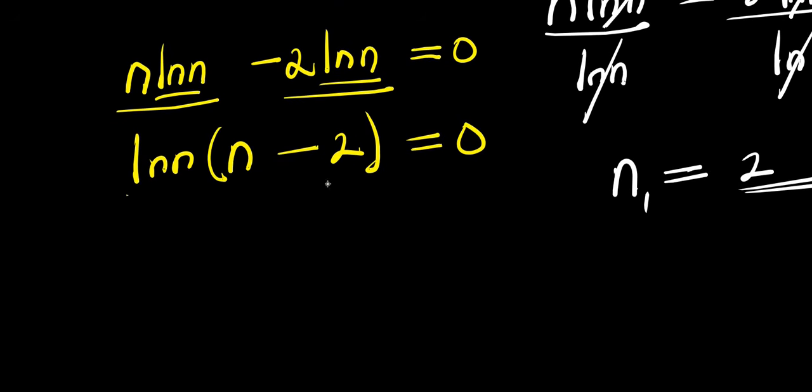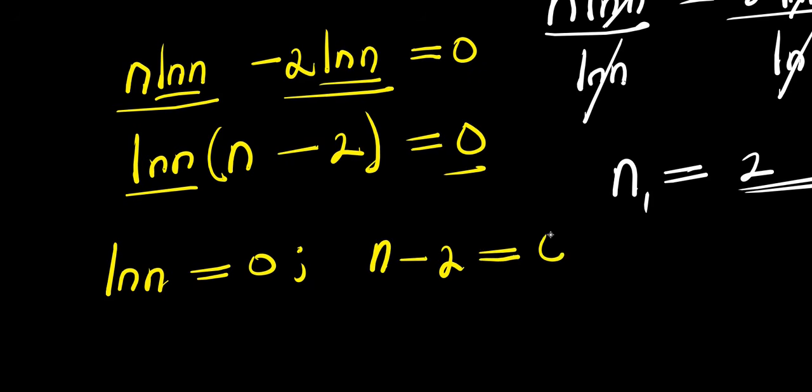So we can equate each of these to 0. I have natural log of n equals 0. I also have n minus 2 equals 0. So solving for n, I can eliminate natural log by making use of e. I have e power natural log of n equals e power 0.